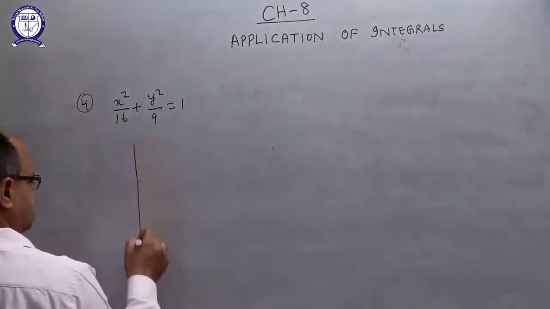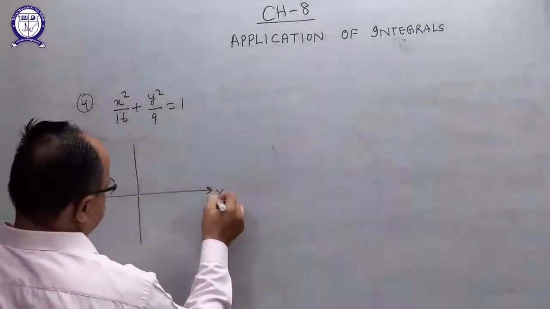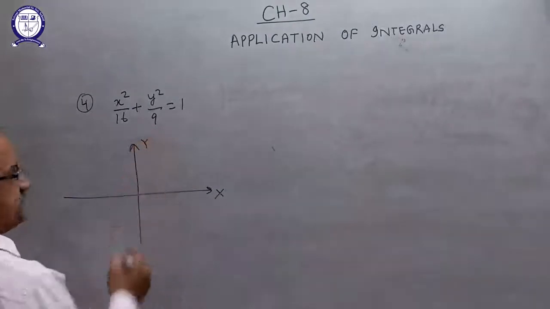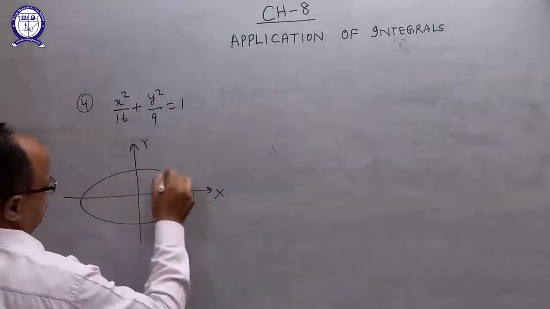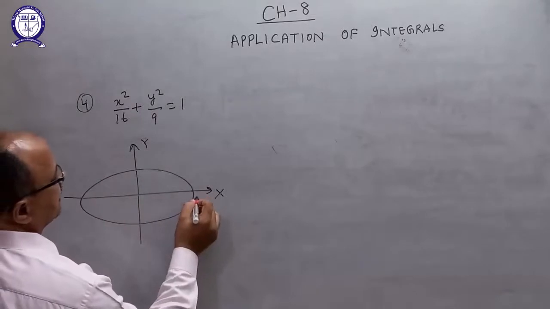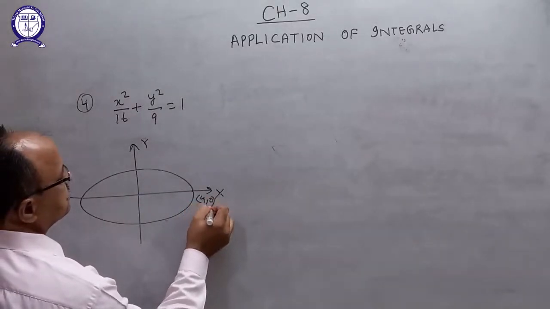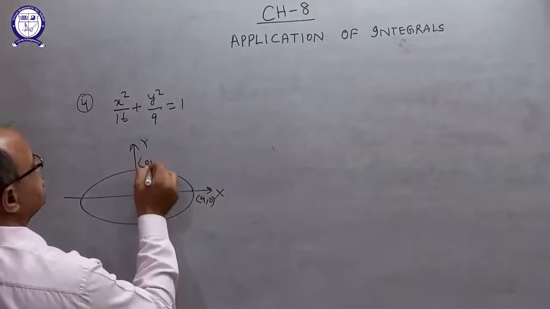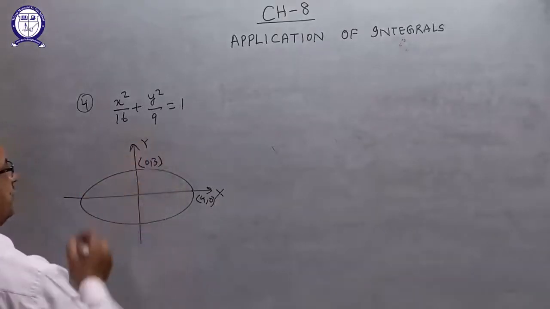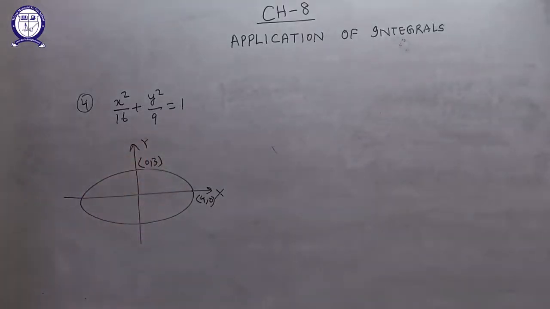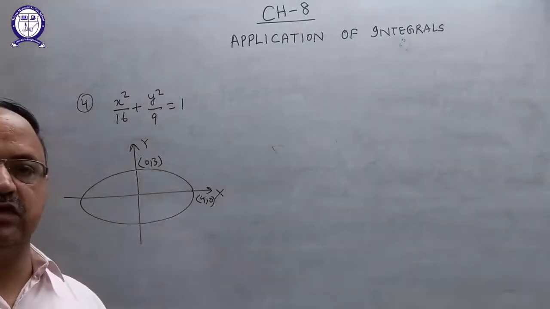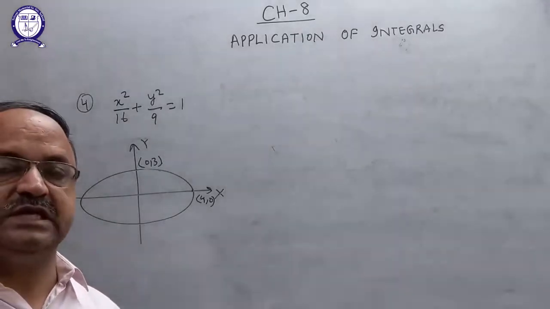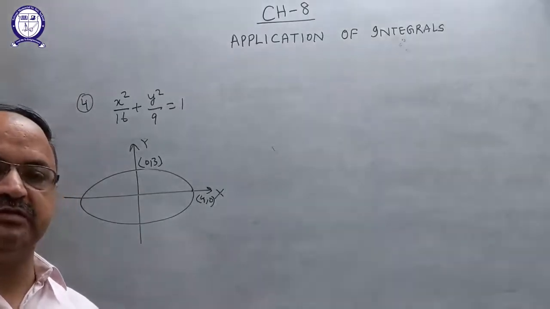You know that this is a horizontal ellipse. This is 4, 0 and this is 0, 3. When you compare with the standard equation x square by a square, a square is equal to 16, so a is equal to 4, plus y square by b square, b square is 9, so b is equal to 3.